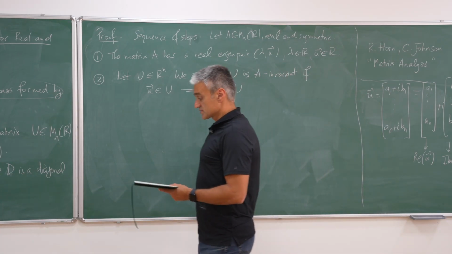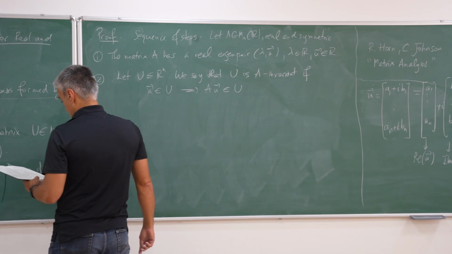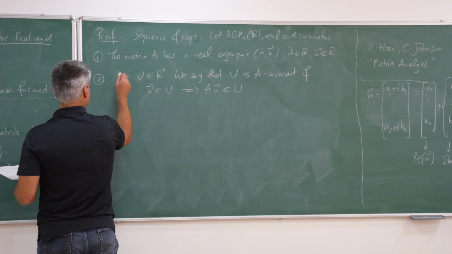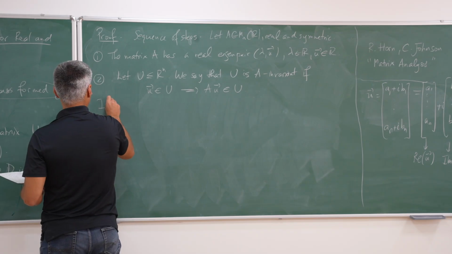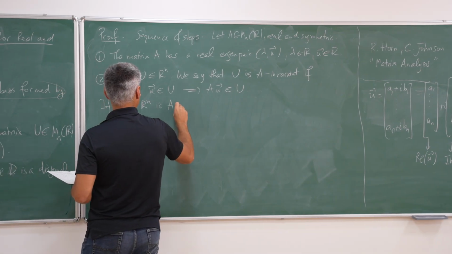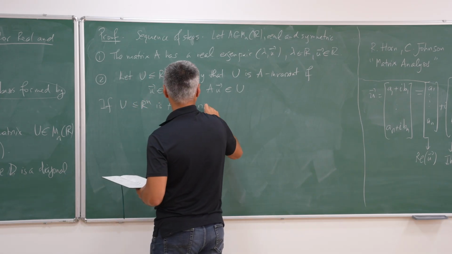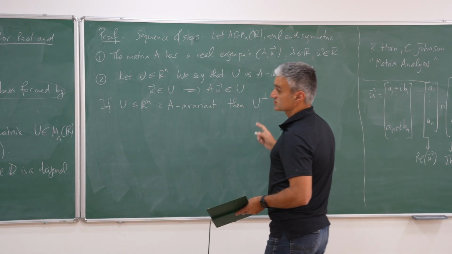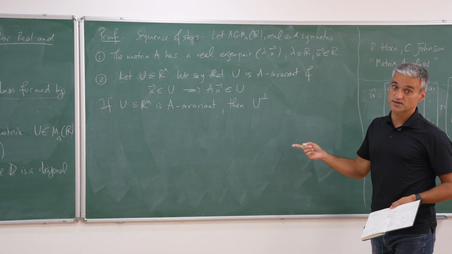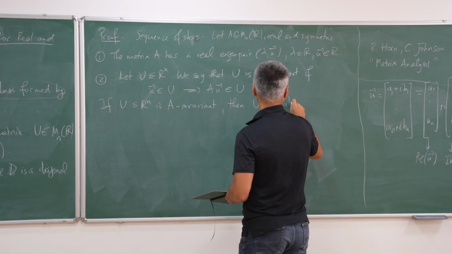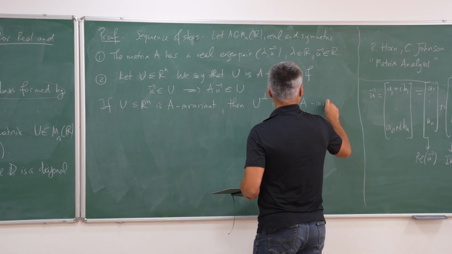The result that we're going to prove here is that A is real and symmetric. If U is A invariant, then U perp, the collection of all vectors that are perpendicular to everything in U, is also A invariant.